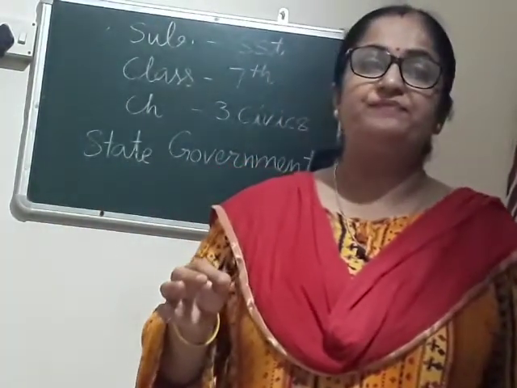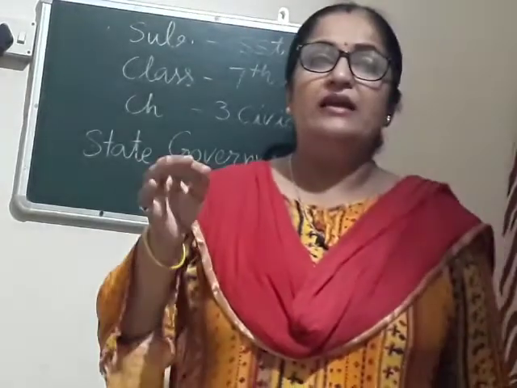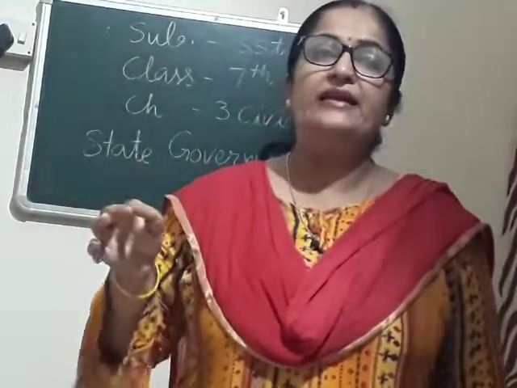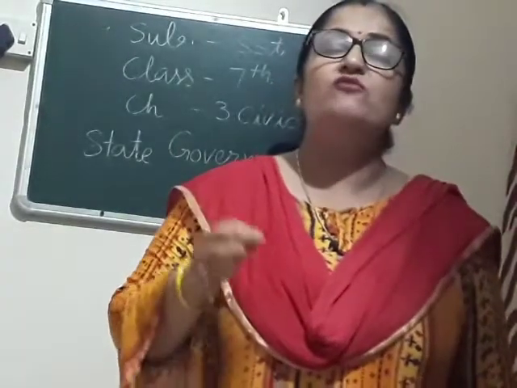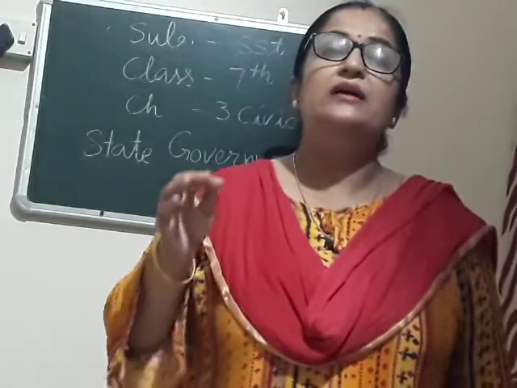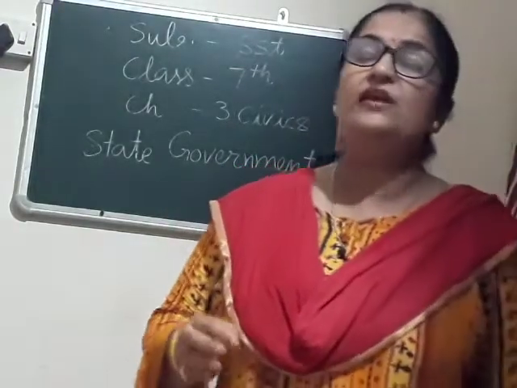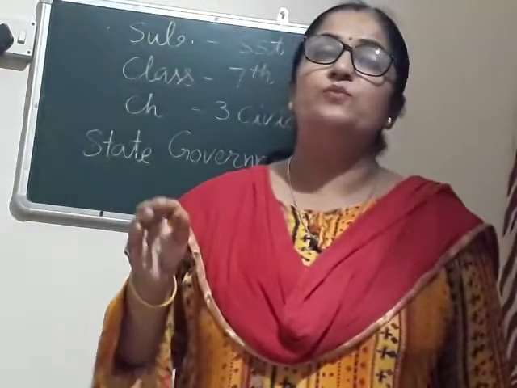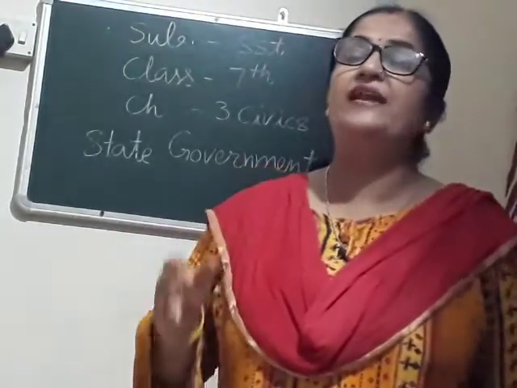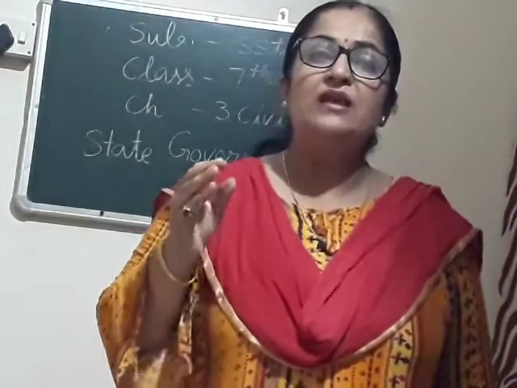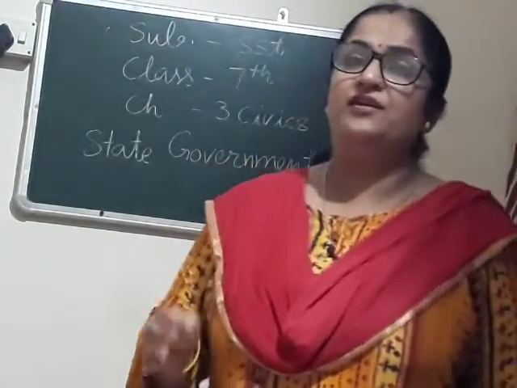And the governor appoints the council of ministers on the advice of the chief minister. He or she has the power to appoint the members of the State Public Service Commission and the Advocate General.